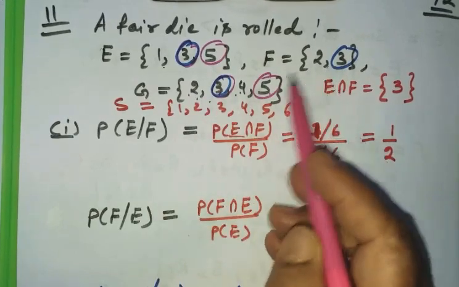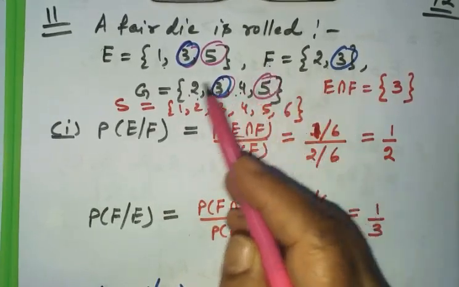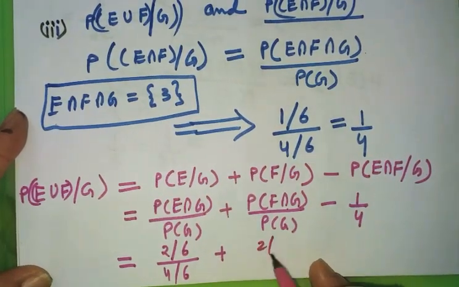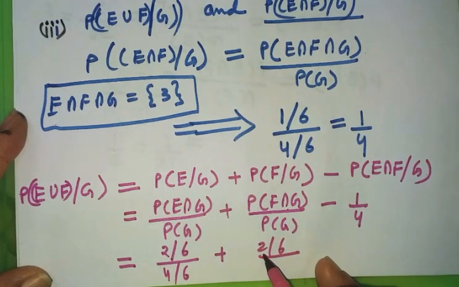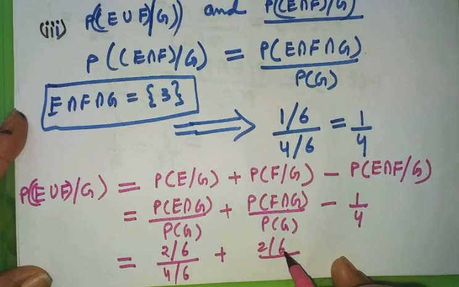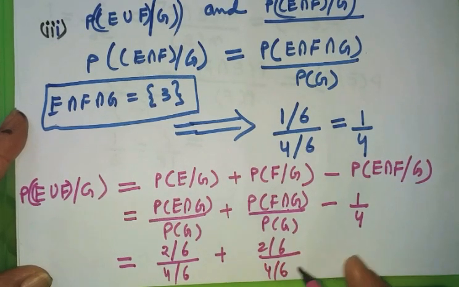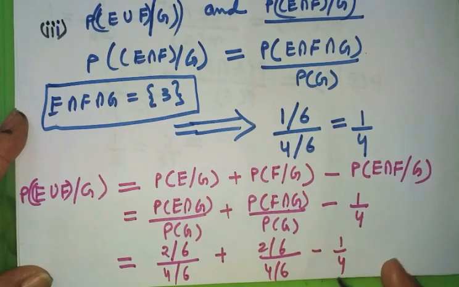Both the elements are common, two common elements. So F intersection G will have two elements. So probability of F intersection G will be 2 by 6, number of elements in F intersection G divided by number of elements in sample space. Now probability of G we have already calculated to be 4 by 6, minus 1 by 4.